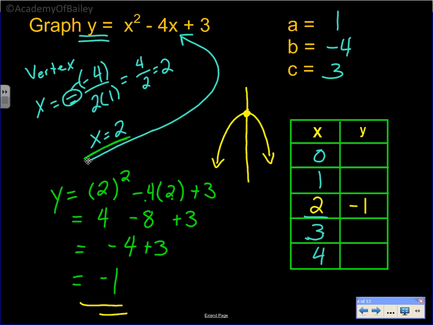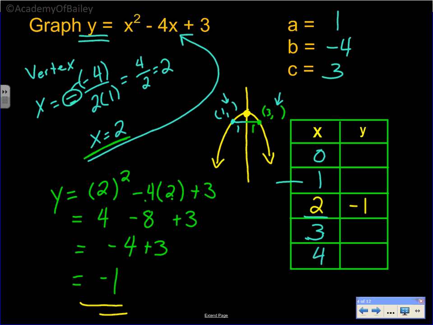And the reason for that is because if 1 is 1 away from the axis of symmetry, and 3 is 1 away from the axis of symmetry, then the y value beside 1 should be the same as the y value beside 3.